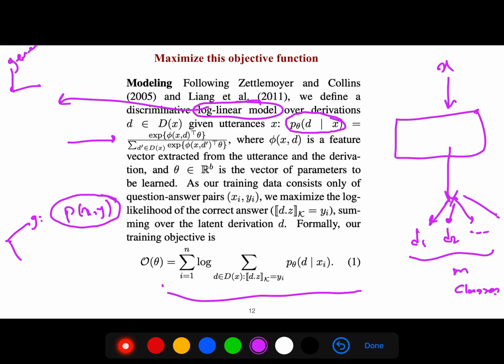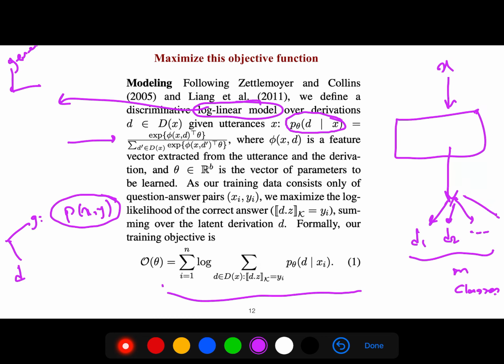But we know from the interview of Lex Fridman with the father of machine learning, Vladimir Vapnik, that if you have a very big question, you don't need to solve big general questions. Just solve the necessary things that you need.